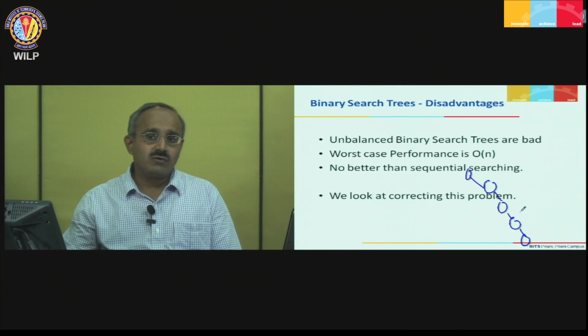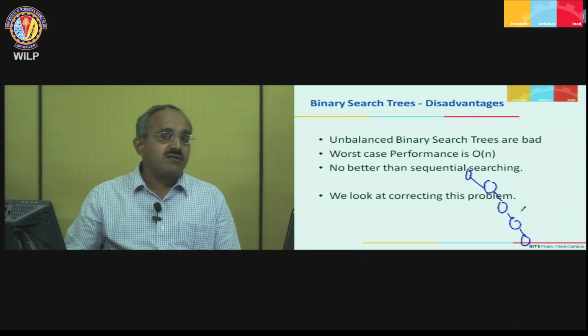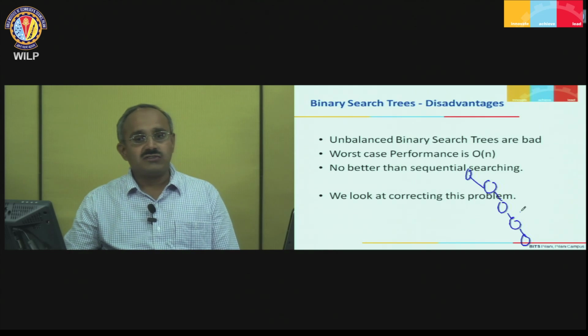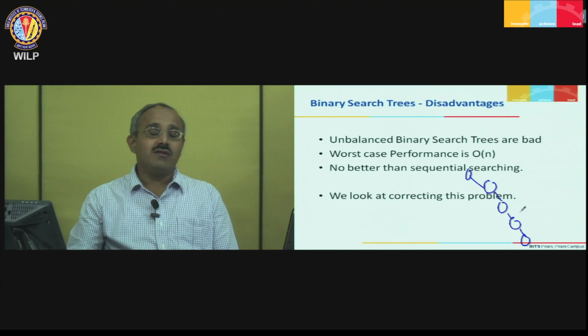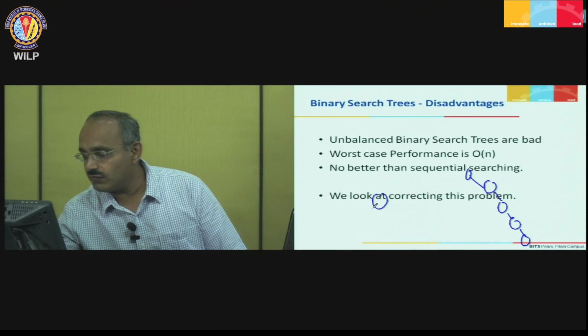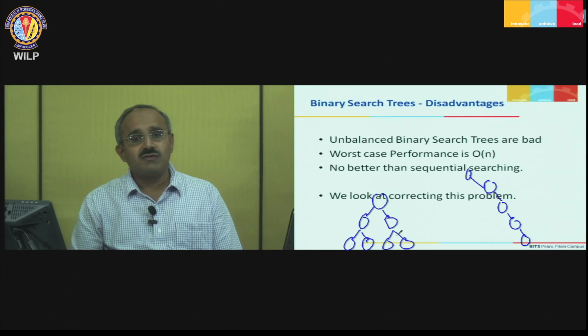In this case, we know our performance is going to be the worst case performance. But if our binary search tree is not structured like this, but in a more balanced way, a full binary search tree like in this case, both are binary search trees with 7 nodes.